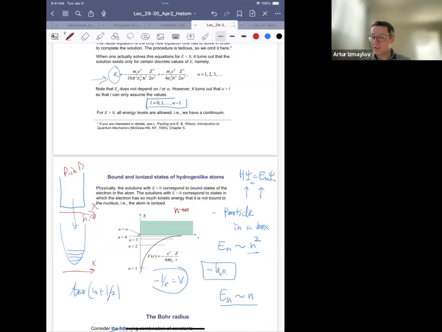What is it? What are these states where n equals infinity and the energy equals 0? So here it's minus 1/2. Here it's 0 energy. What does it mean, 0 energy? Let's see, because we talked about this last lecture at length. Actually more than once.